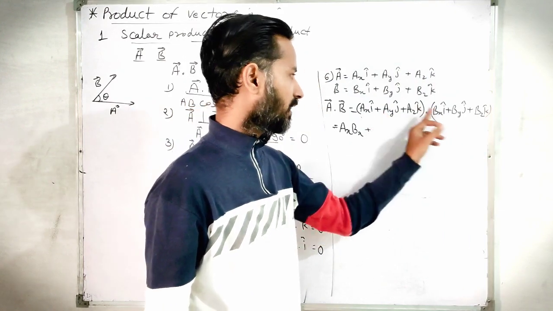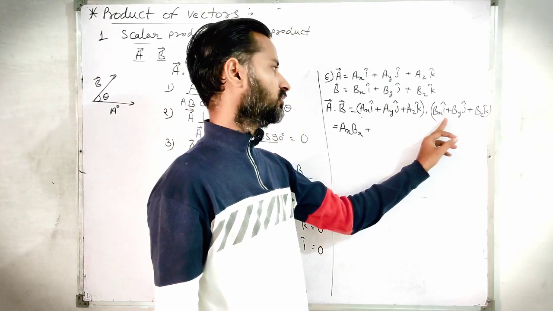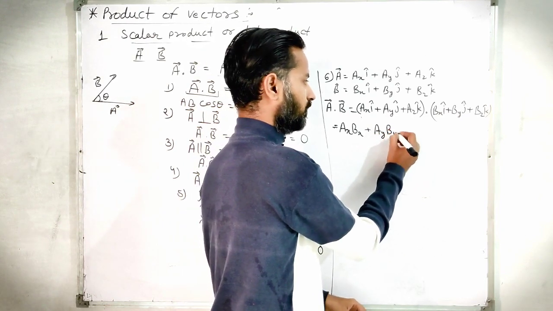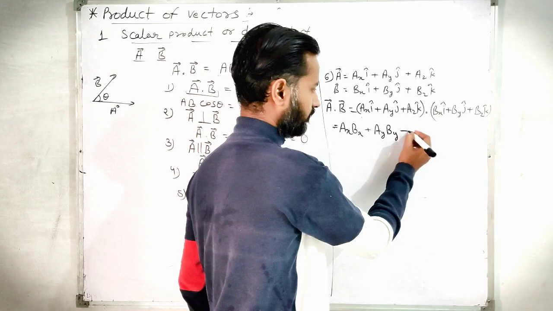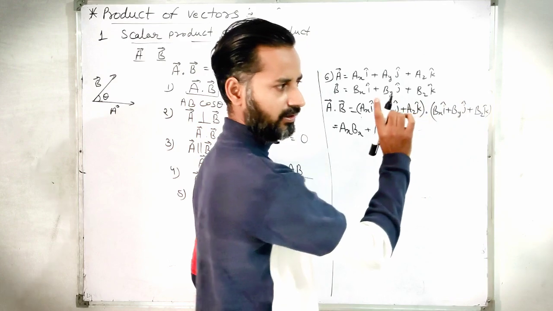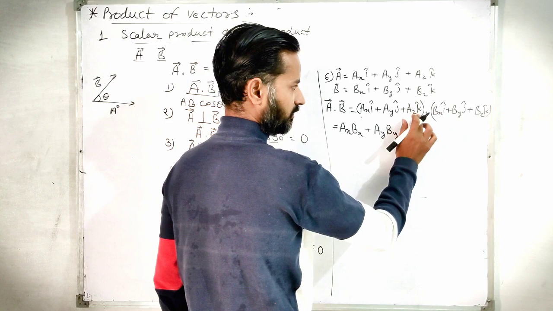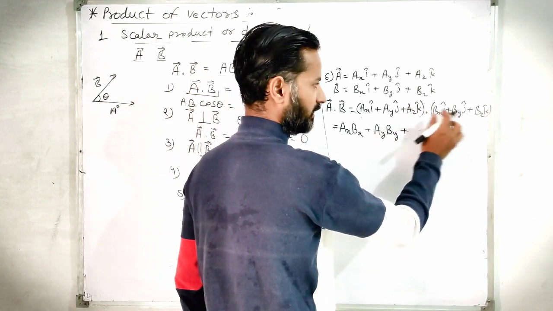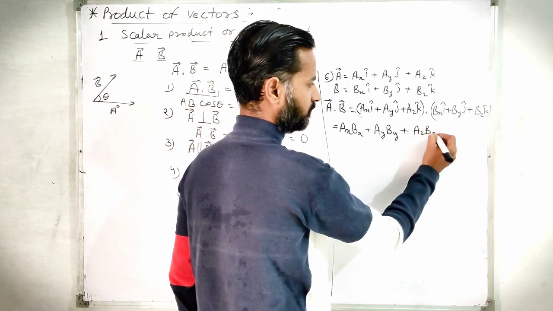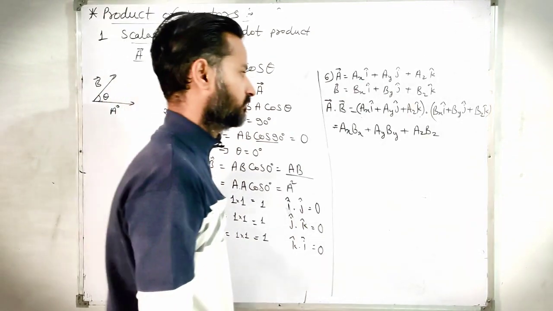Again, Ay into Bx, Ay Bx, j dot i will equal 0, and Ay By, j dot j will be 1, and Ay Bz, j dot k equal to 0. And now Az Bx, k dot i equal to 0, Az By, k dot j equal to 0, Az Bz, k dot k equal to 1.